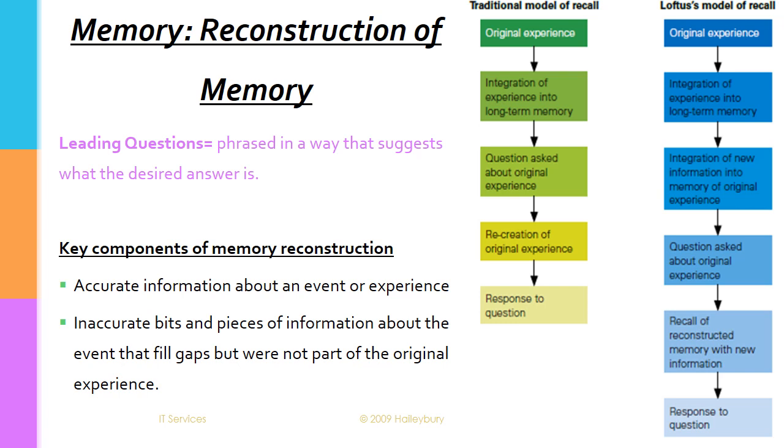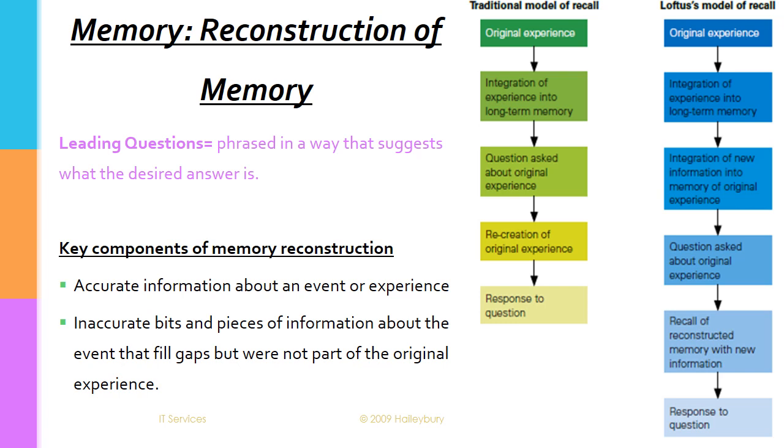So Loftus found that in the presence of leading questions, memory can be reconstructed, okay? Now that's because we know that memory is really active, and so when it's consolidated and then reconsolidated, new information kind of comes in.